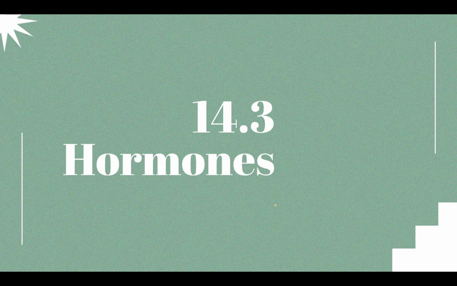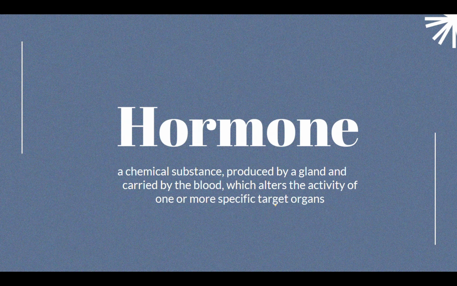Going to chapter 14.3, hormones. Now, hormones are only found in animals and humans. You cannot find them in plants. They have another way of responding, but they are still living organisms. So what are hormones? Hormones are chemical substances produced by a gland and carried by the blood.